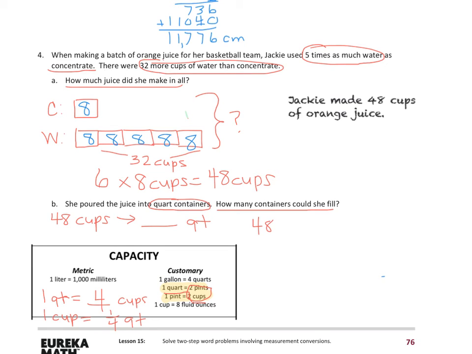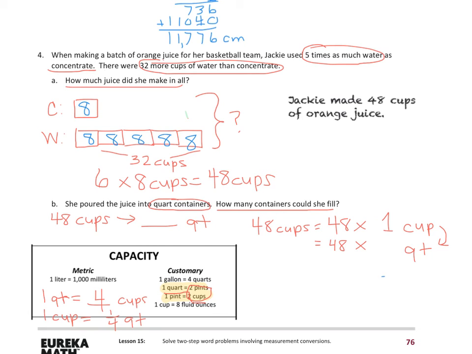We got 48 cups, and we're going to separate the factors. We got 48, and then 48 times how many cups would give us 48 cups, and that's going to be 1 cup. And then 48 times, here we're going to convert the cup to the measurement that they want, which is quarts.